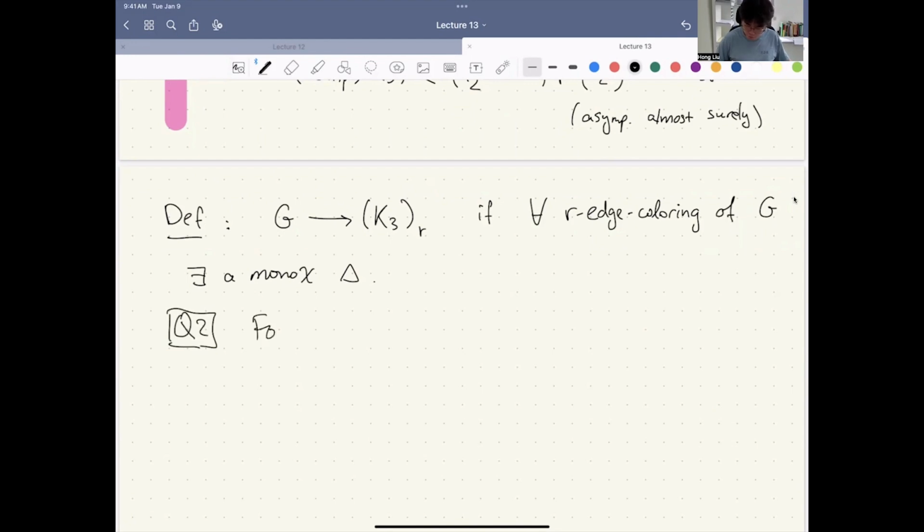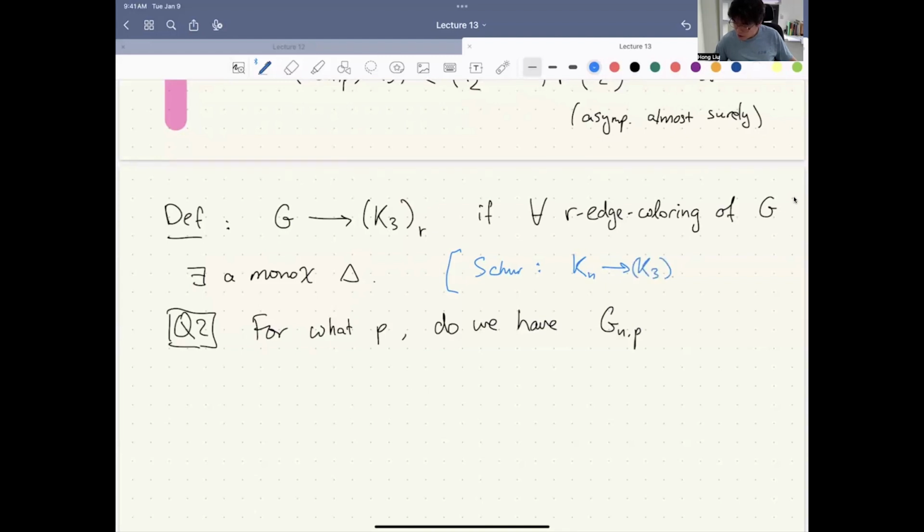Then the question would be question 2. For what probability p do we have G(n,p) arrows K3 with r colors, instead of the complete graph? Schur's theorem now says in this language that K_n arrows K3 with r colors when n is sufficiently large.